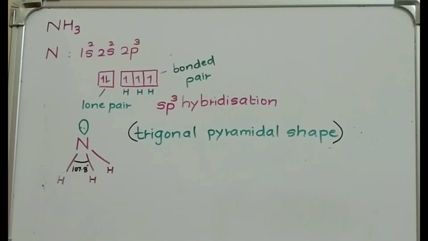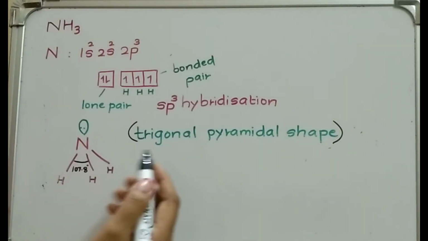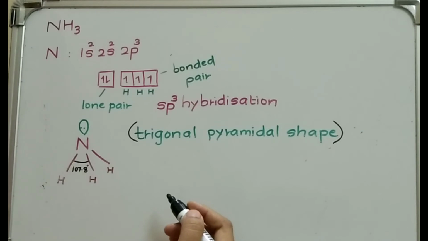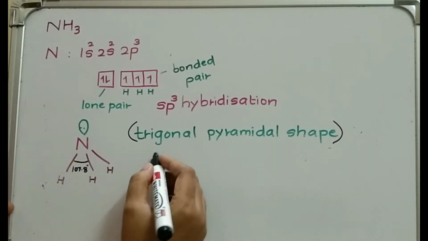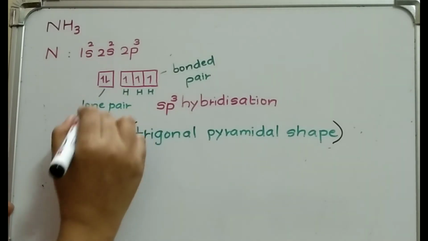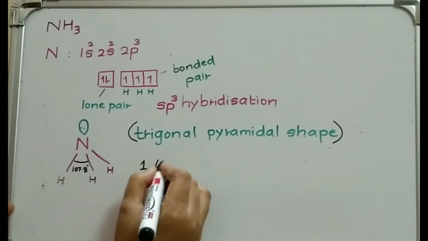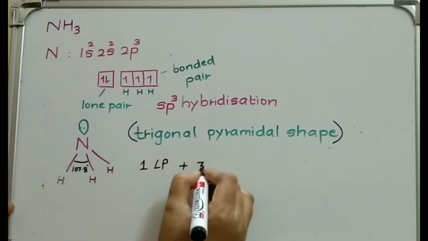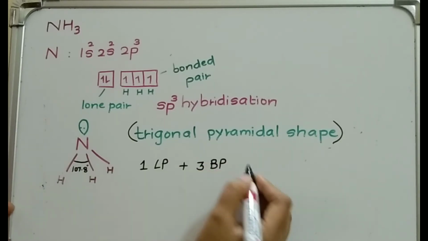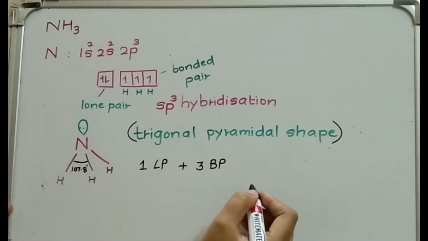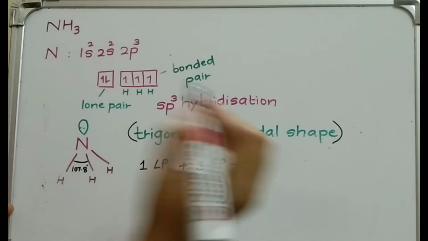But in tetrahedral, all the 4 electron pairs, they are bonded pairs. Here it is 3 plus 1. I will write here, this is 1 LP, lone pair, plus 3 bond pairs, correct. Then the geometry is trigonal pyramidal.